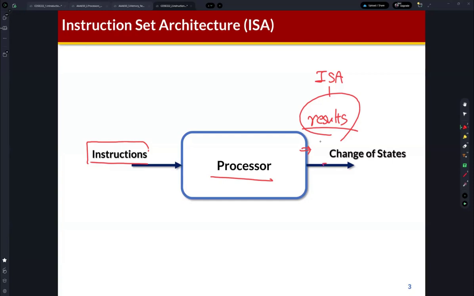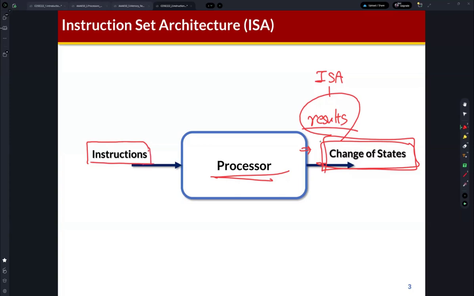We can say the result of instructions are changes of state. What does that mean? Actually, the computer includes many memory components, right? We store data in these memory components.